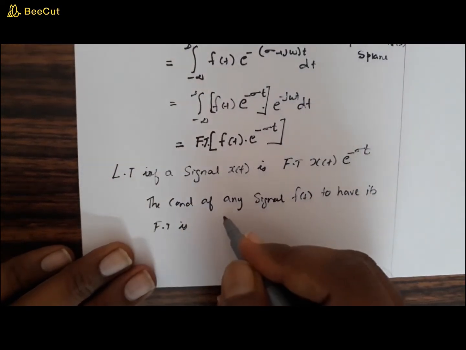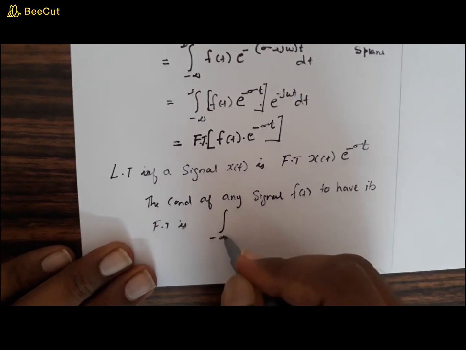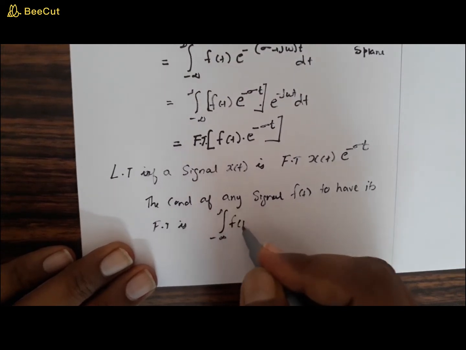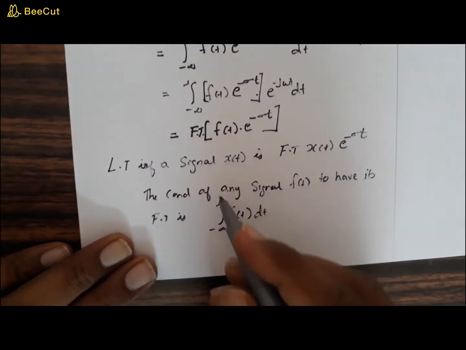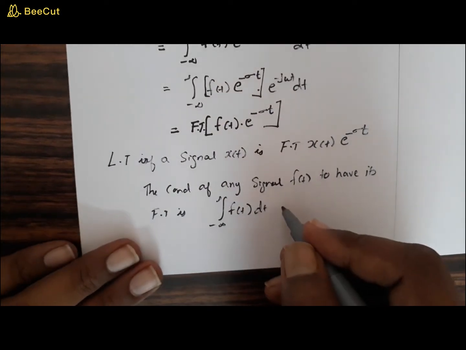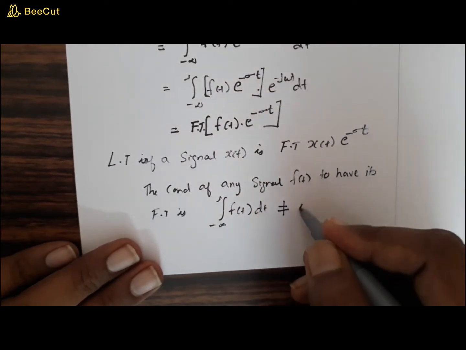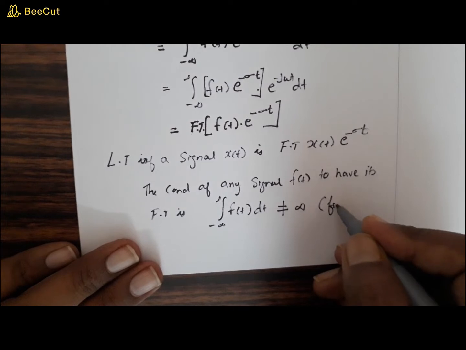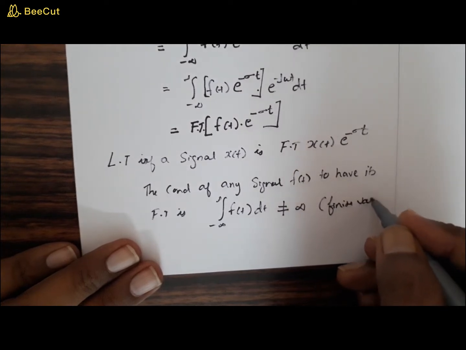This f of t has to be integrable, meaning when you integrate f of t from minus infinity to plus infinity, it should not be equal to infinity. That means it should possess a finite value, right?